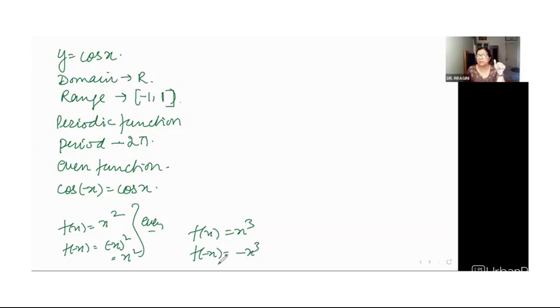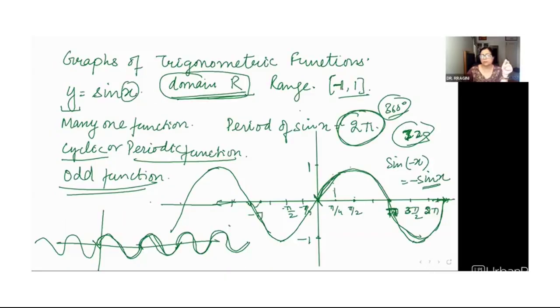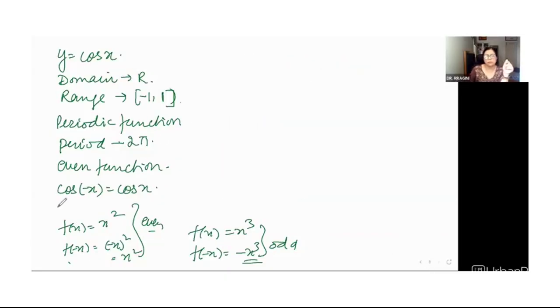Here, if we replace x by minus x, the sign of the whole function changes. This is an odd function. Similarly, sin x and tan x are odd functions. If we substitute x by minus x, the value of the whole function gets reversed. Sine and tan are odd functions. Cos is an even function. So I have written all those things. Odd function, many one. Okay, this is also a many one function.